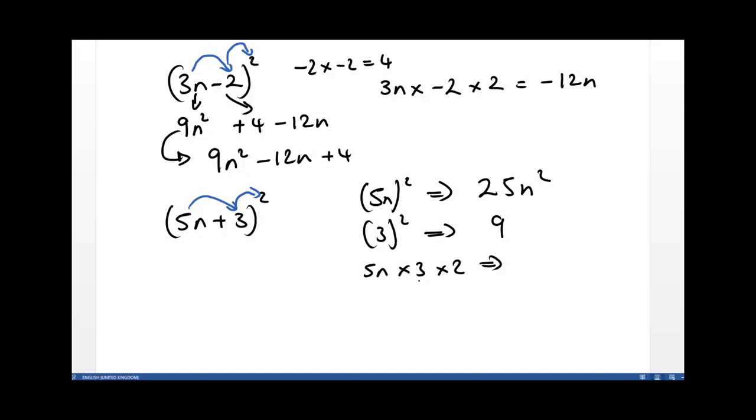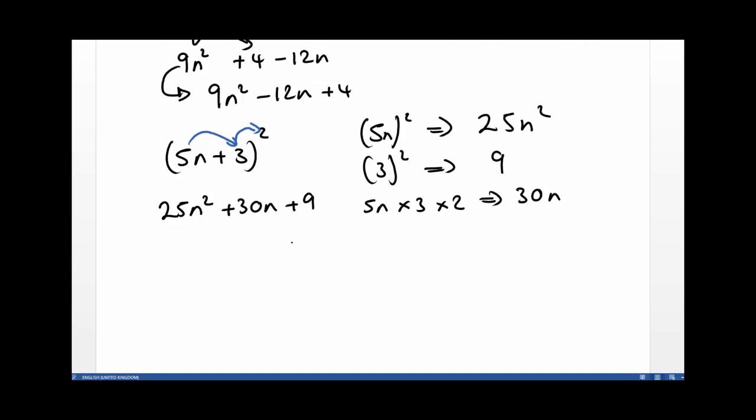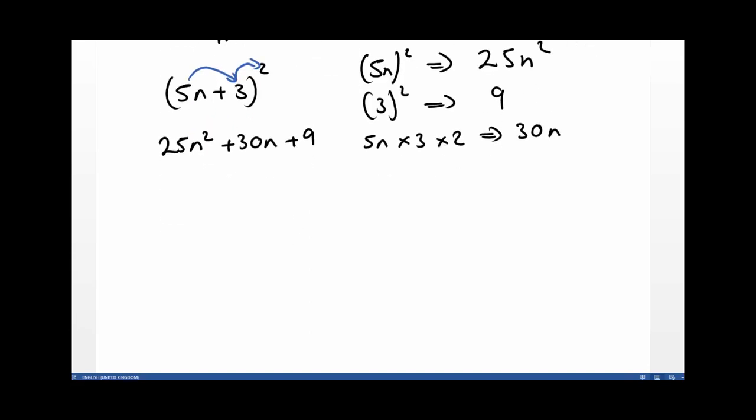Then 15n times 2 is 30n. So our final answer is 25n squared plus 30n plus 9. We can prove that by doing it the longhand way. Let me just underline that so you know that's your final answer. And it's always good just to check. So let's do that now.